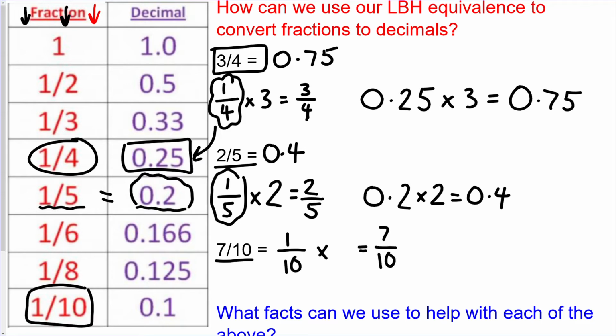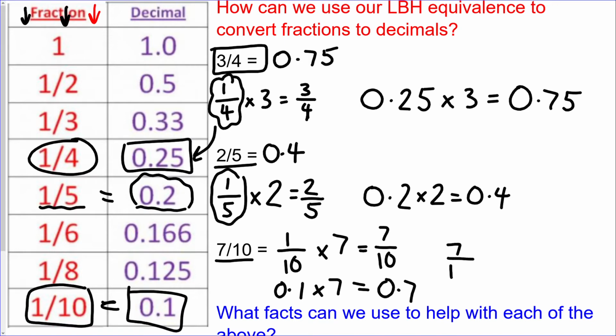Well, I know that 1/10 times 7 would give me 7/10. The table also tells me that 1/10 is equivalent to 0.1. So now instead of writing the 1/10 as a fraction, I could write 1/10 as a decimal, multiply it by 7, and I can get to 0.7. So I now know that 7/10 is also equal to 0.7.